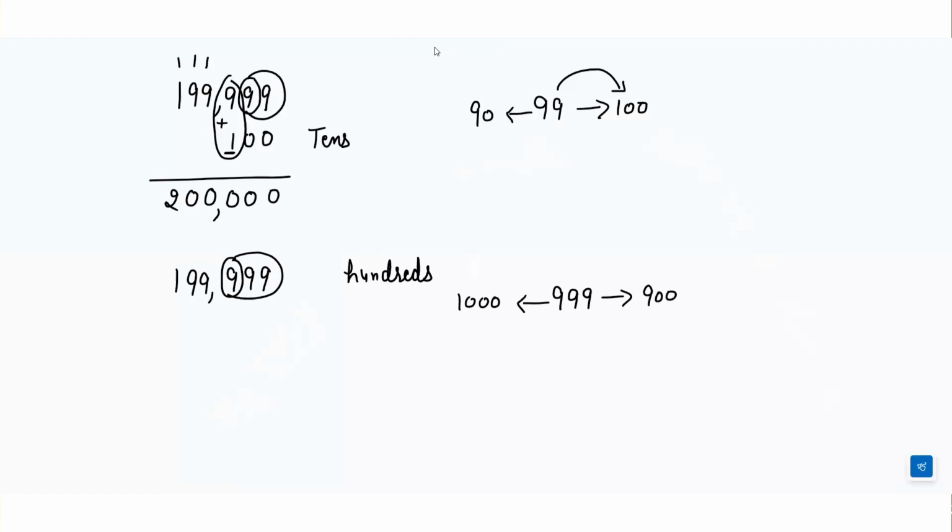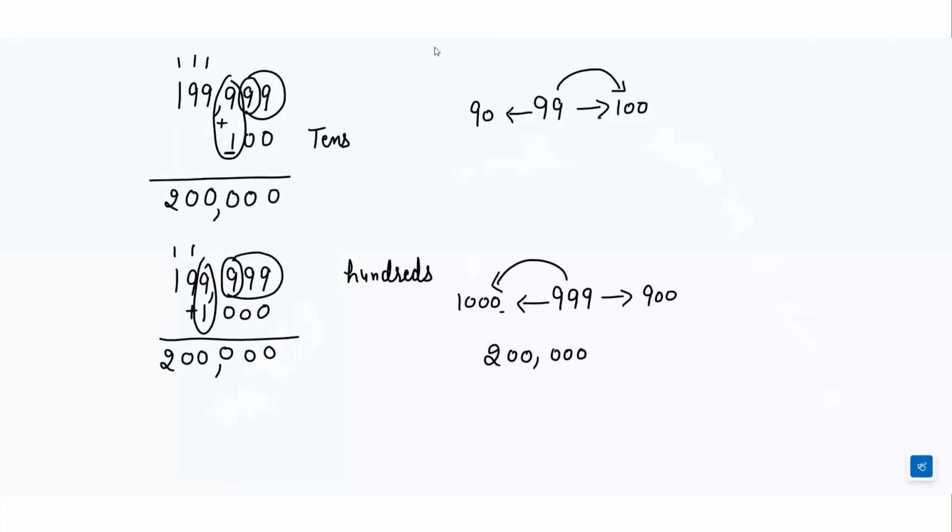So we have to see it is close to which number? It is close to 1000. So I will write on here 1000. So this 1 I have to add with this 9. So we'll write down 0, 0, 0, 9 plus 1, 10, then 1 as a carryover, again 10, 1 as a carryover. So we'll get here 200,000.